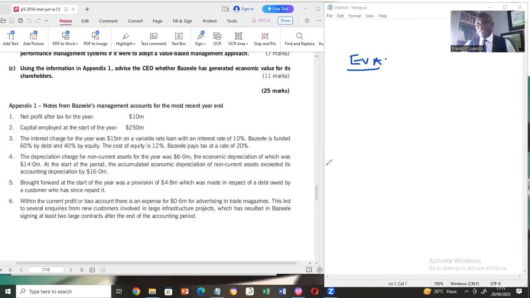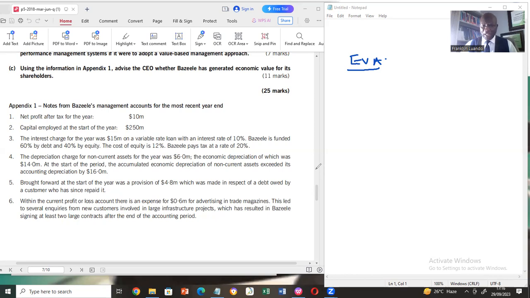If EVA is negative, it means value has been destroyed by management, meaning the wealth of the shareholders has reduced, and the shareholders will not be happy with management.